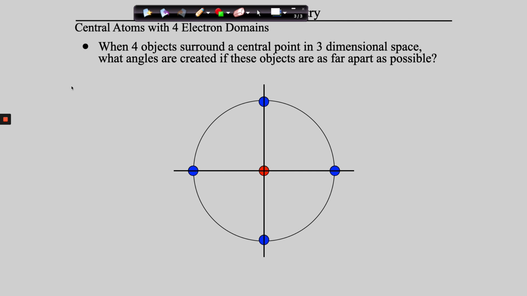Those are the corners of the pyramid. And the central point is in the middle. How did I build this so that I know that all 4 of these points are as far apart as they can get? I cut the straws all the same length. It doesn't matter how long they are. If they're the same length, they're as far apart as possible.